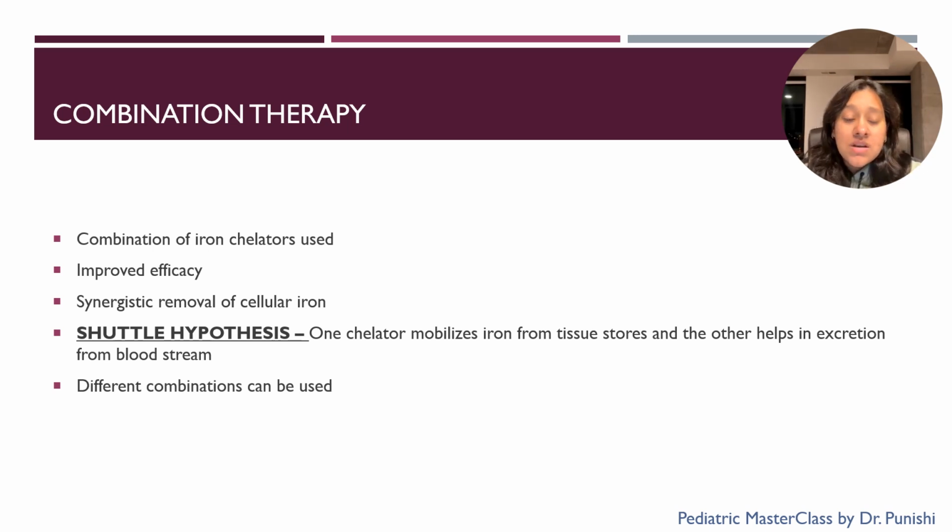So you can use Desferal with Kelfer, you can use deferoxamine with deferiprone, depending on the indications, the level of iron, and whether you're using the iron chelators for rescue, emergency, or urgent application. So there are certain things to be considered before deciding what combination of iron chelators you would want to use and what dosages you would want to apply for it.